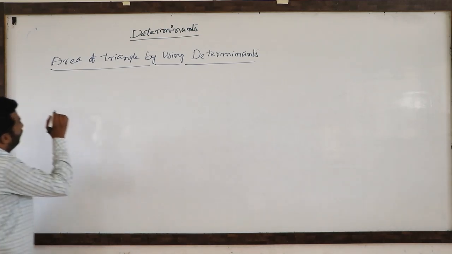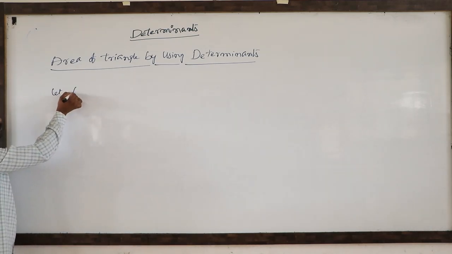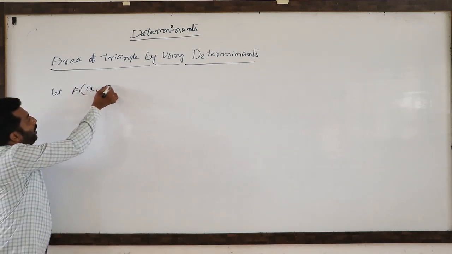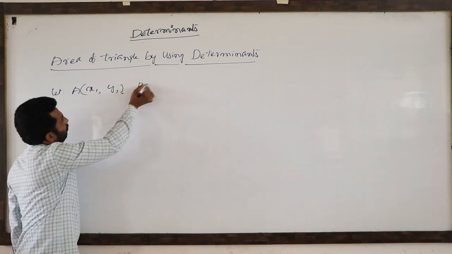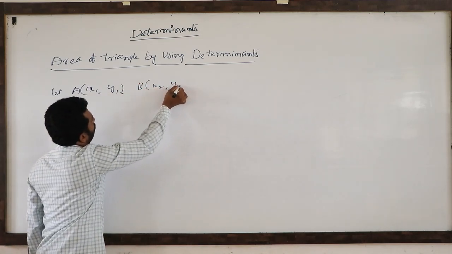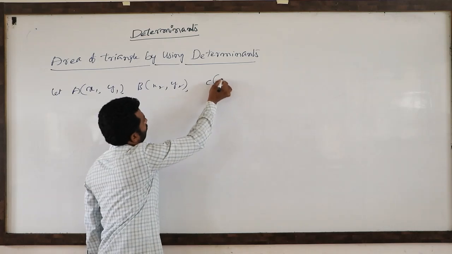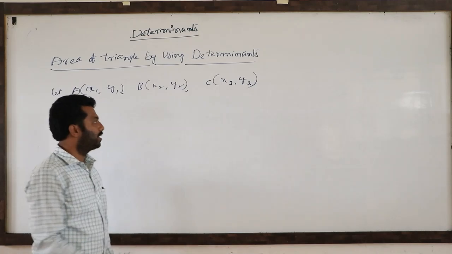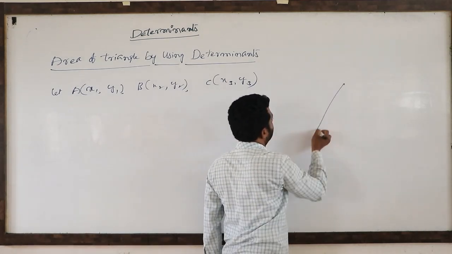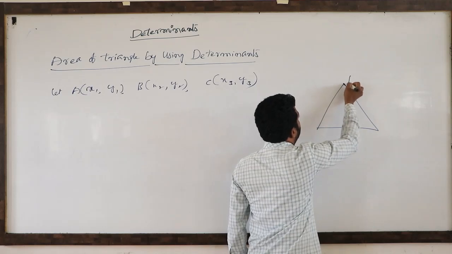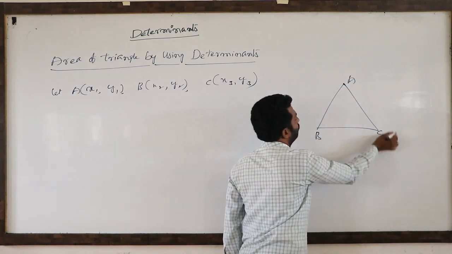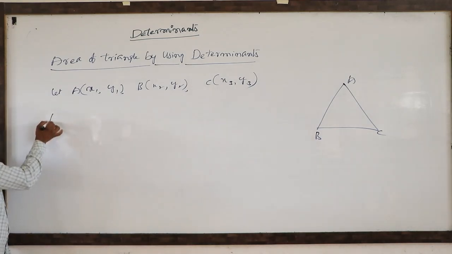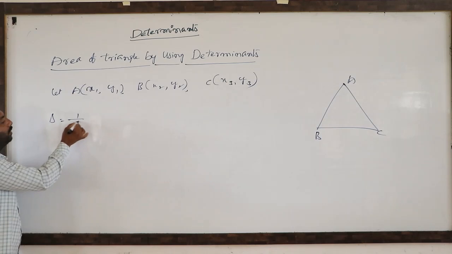First we'll see what the triangle is. A (x1, y1), B (x2, y2), and C (x3, y3) are the three vertices of a triangle ABC. Suppose the area of the triangle is delta.